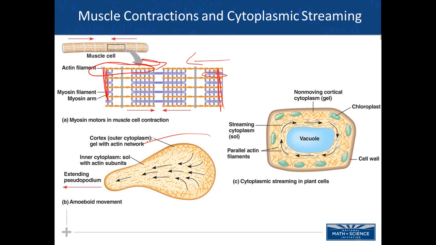This is a nice little diagram showing this process of cytoplasmic streaming and also how a cell can move with a pseudopod. So again, microfilaments are a part of the cytoskeleton, and more specifically, actin filaments are important in muscle cells in the contraction of the sarcomere, or the contraction unit of a muscle cell.